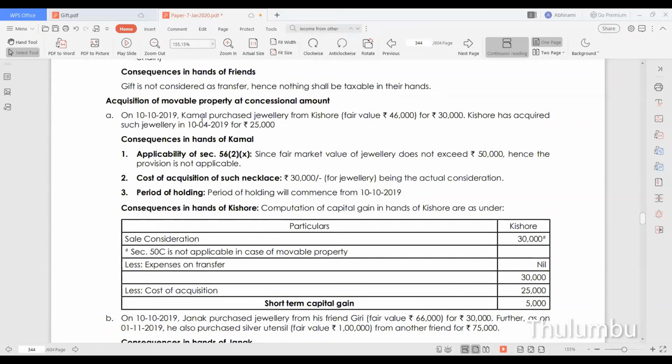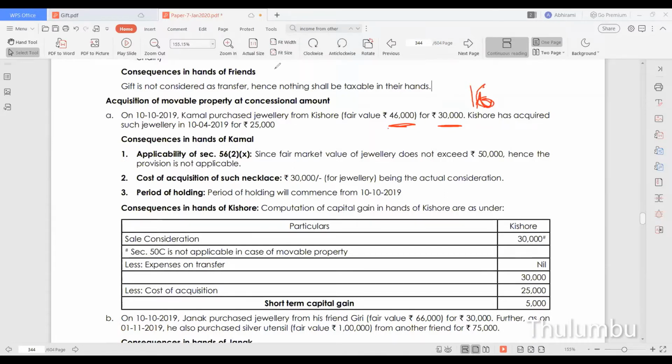On 10/10/2019, Kamal purchased jewelry from Kishore, fair market value 46,000, for 30,000. How Kishore acquired it is not needed for us now. So first find out the difference between fair market value and consideration. 46,000 minus 30,000 is 16,000.